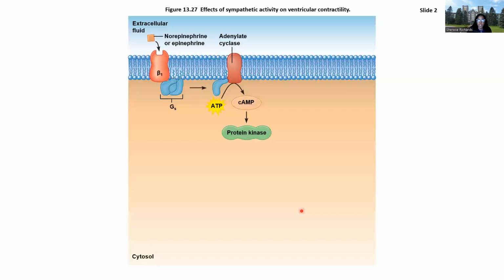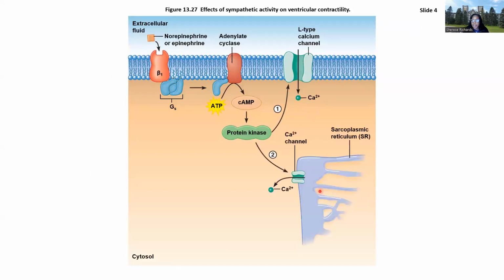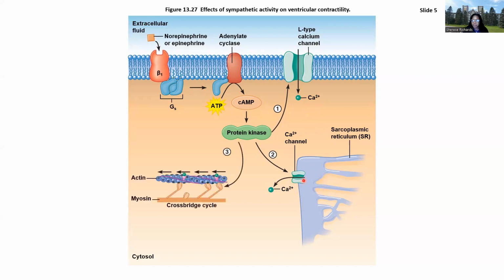All right, so let's illustrate those four events that are increased by the sympathetic activity. So the opening of our calcium channels to allow more calcium to come in from the extracellular fluid is increased. The opening of calcium channels on the SR, which will allow more calcium to be dumped from the SR into the sarcoplasm, will also be increased.